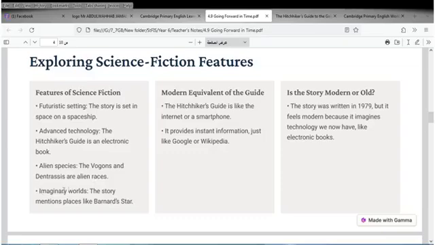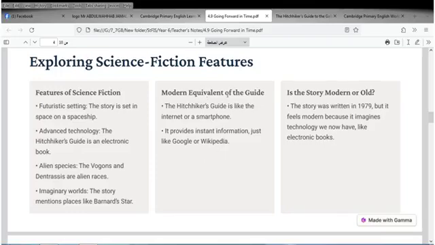And we have imaginary worlds to travel to, to leave the Earth, which is destroyed. So the story mentioned places like Barnard's star. Okay, they resembled it to a roundabout, if you remember.